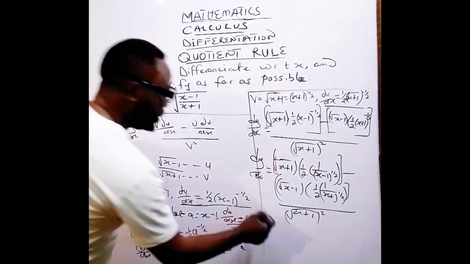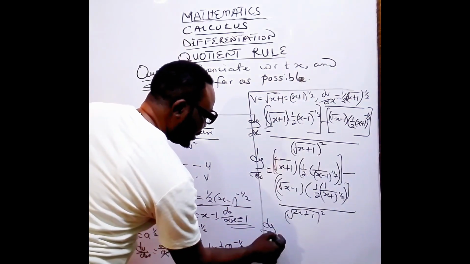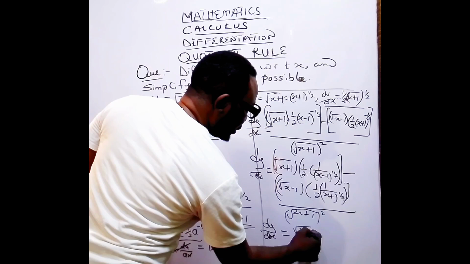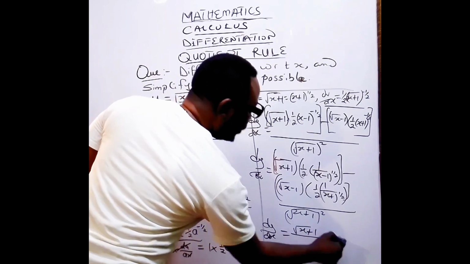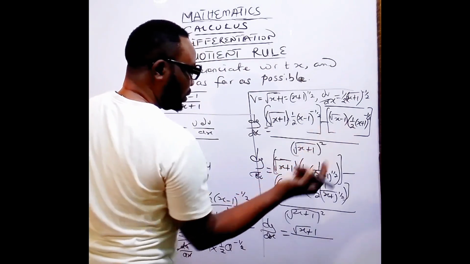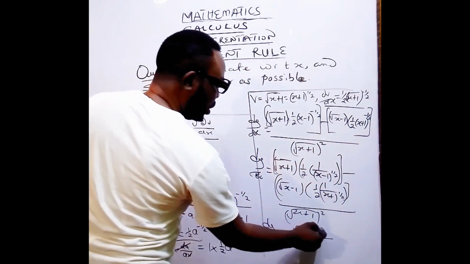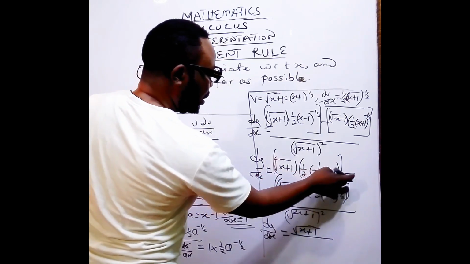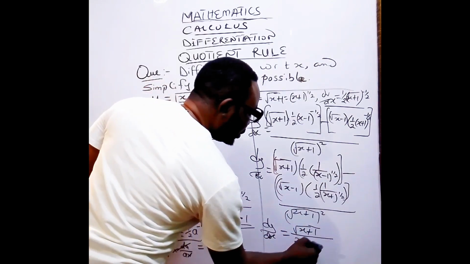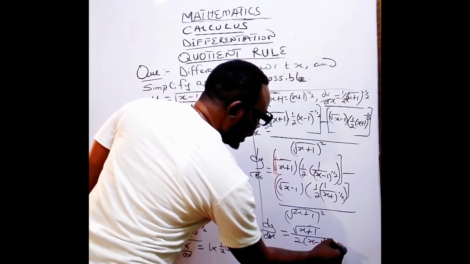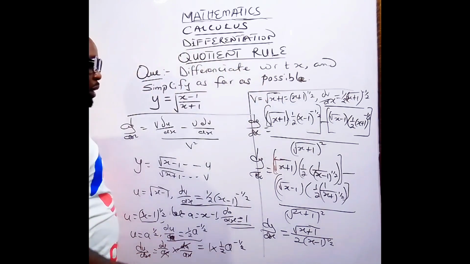So we can now have dy/dx will be equal to root x plus 1 all over, that's x plus 1, root x plus 1 times 1 times 1. That's root x plus 1 all over 2 times all this value here. We're having 2 into bracket x minus 1 raised to the power of what? Half. Raised to the power of half.